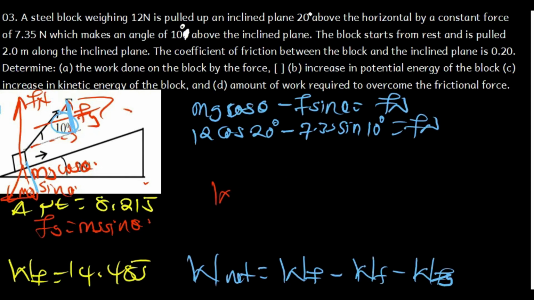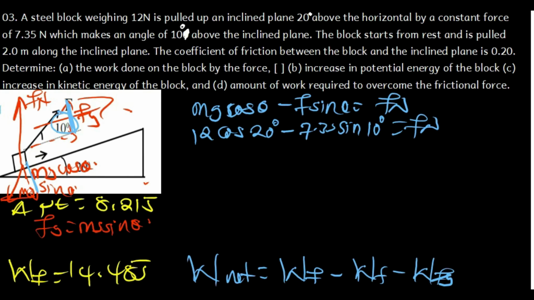So to find the normal force in this case, we have 12 cos 20, which is 11 point something, minus, open brackets, 7.35 sin 10.